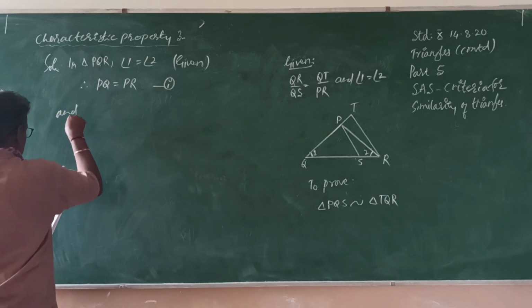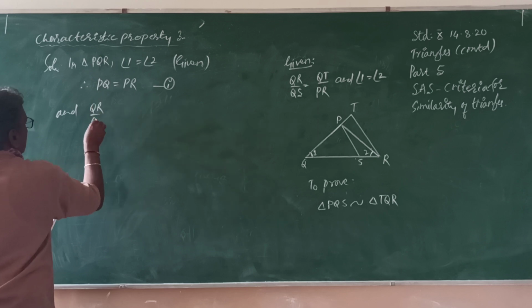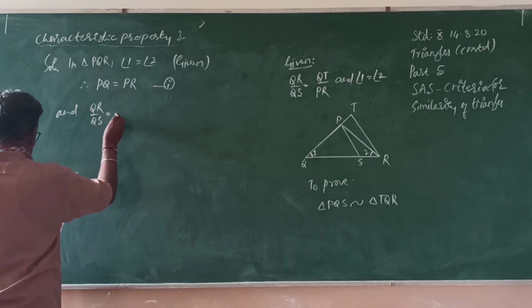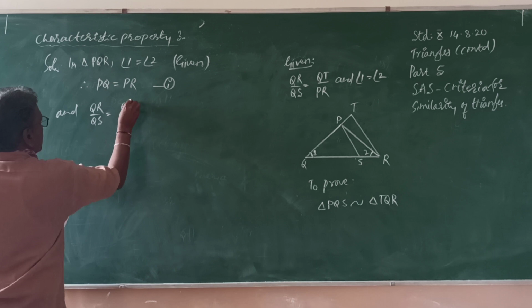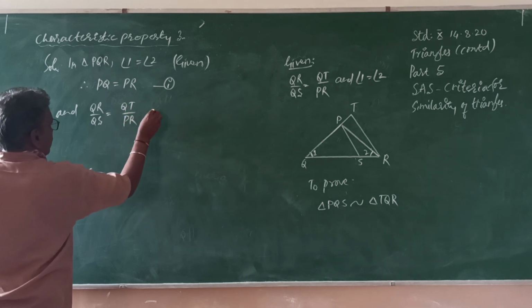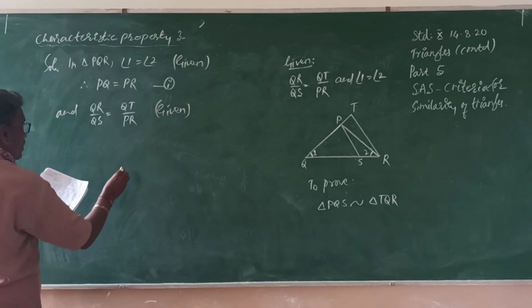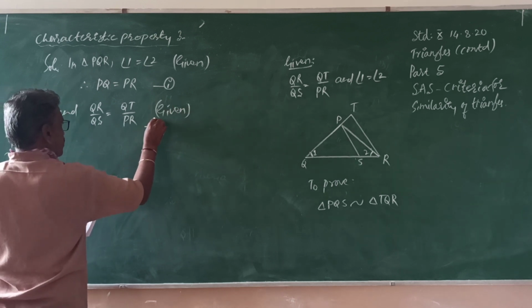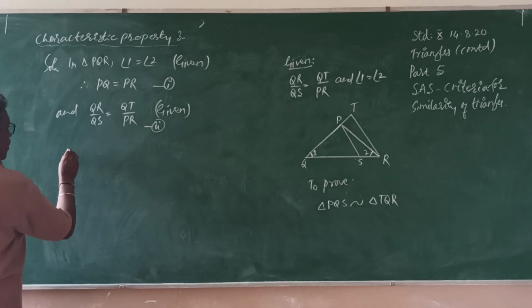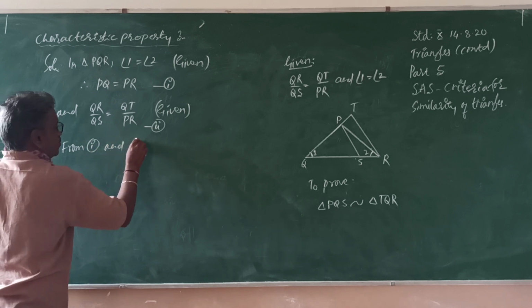And QR by QS equal to QT by PR is given. Calling this equation number 2.